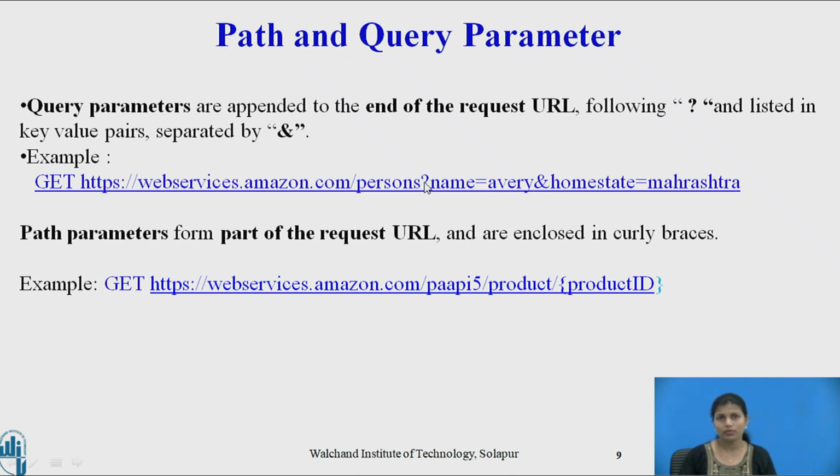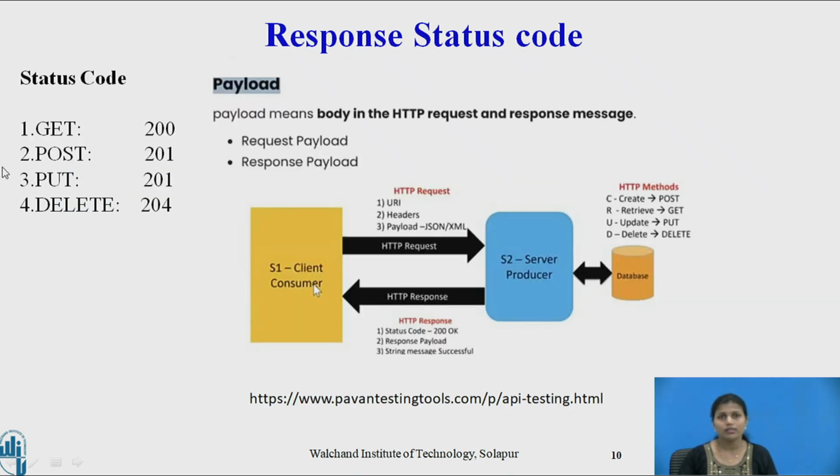From this question mark to here, this is your query parameter. Path parameter forms part of the requested URL, and it is enclosed in curly braces. For example, here the product ID is the path parameter given in this web service.